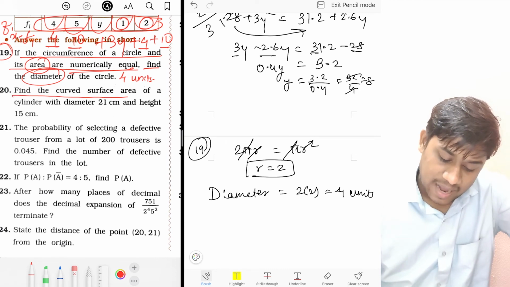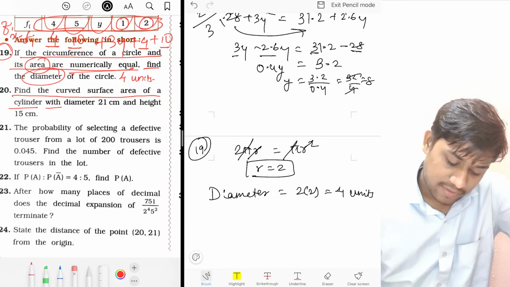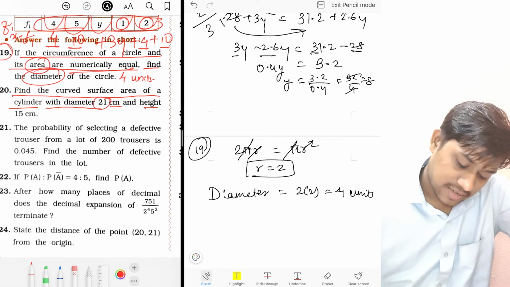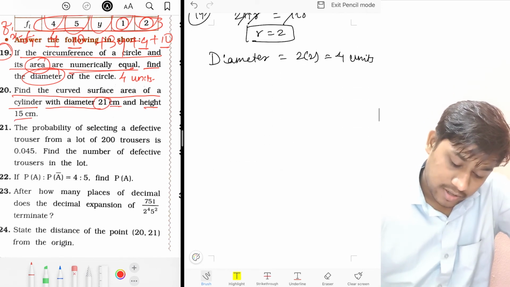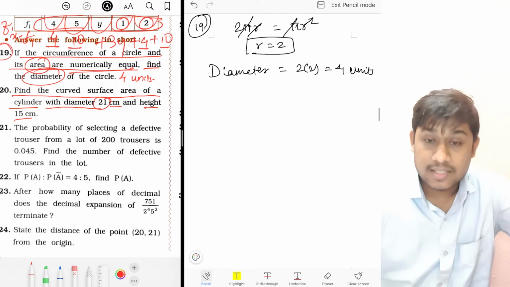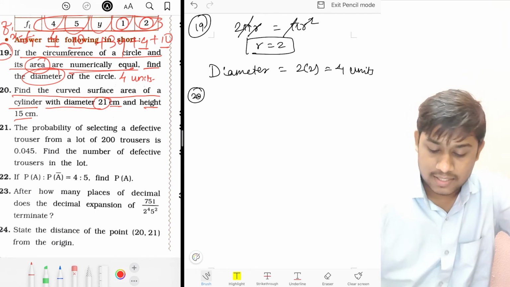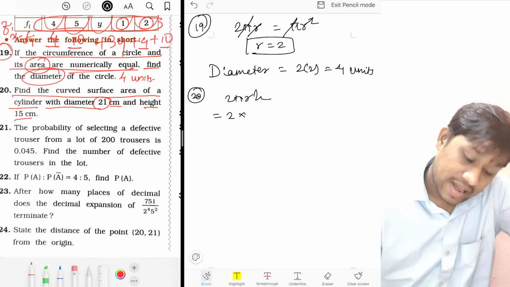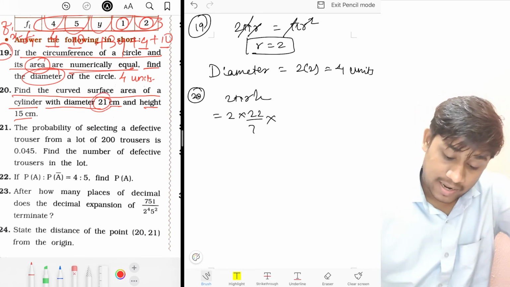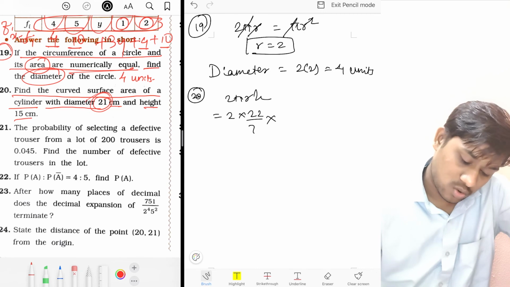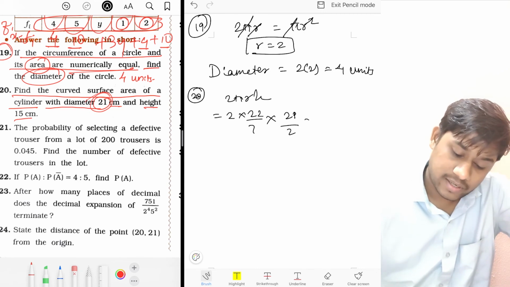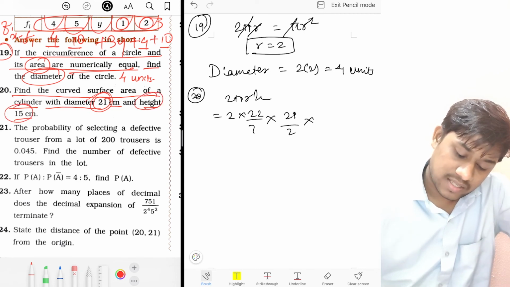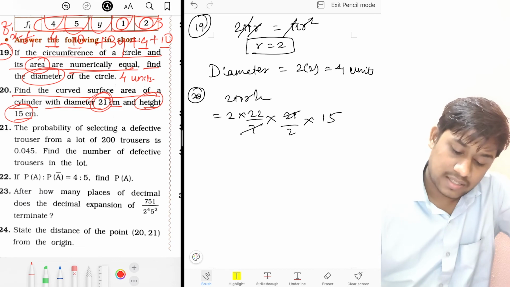Good. Yes. Find the curved surface area of a cylinder with diameter 21 centimeter and height 15 centimeter. They are asking curved surface area of what? Cylinder. Curved surface area of a cylinder is 2 pi r h. So we have 2 into 22 by 7 into, we have diameter, okay, keep it in mind, so 21 by 2 into what we have? Height 15 centimeter.